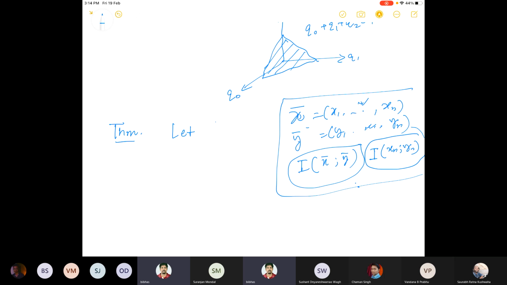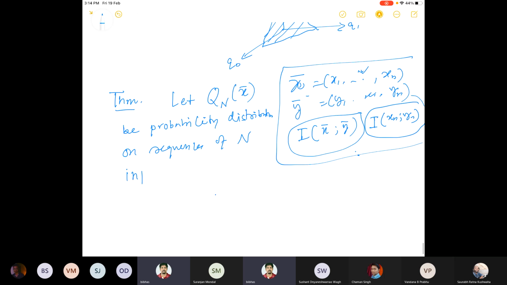So let Q_n(x bar) be the probability distribution on sequences of n inputs, or n input letters, in a discrete memoryless channel, a DMC.